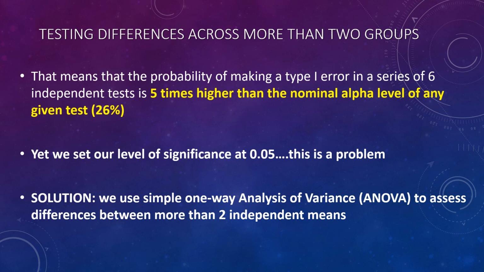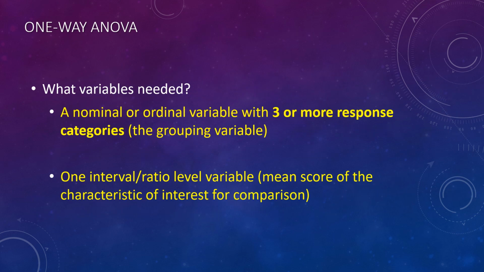I think I explained this on the previous slide, so I won't say anything more about this slide here. A one-way analysis of variance will let us discern where a significant difference exists in multiple independent groups, that is to say, three or more groups.